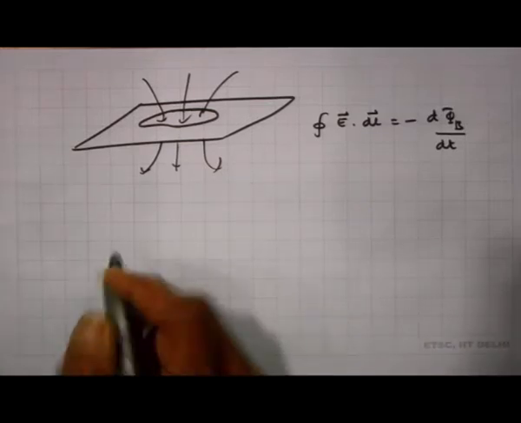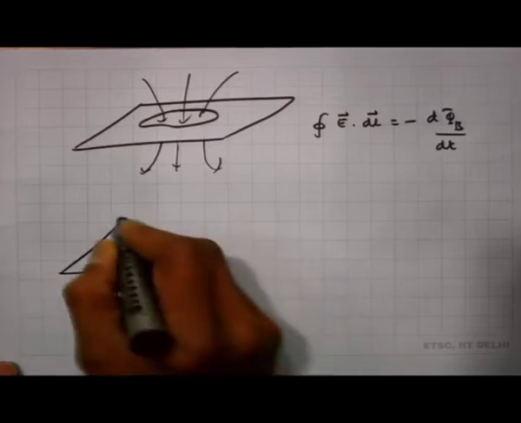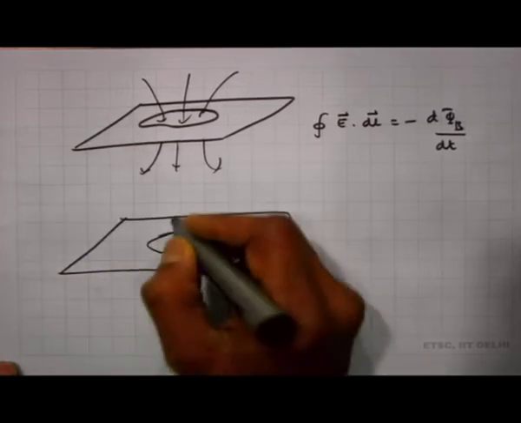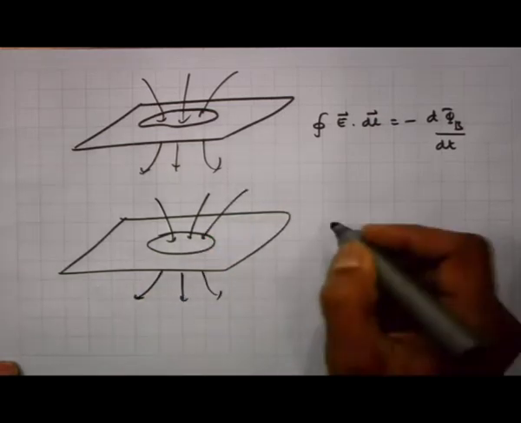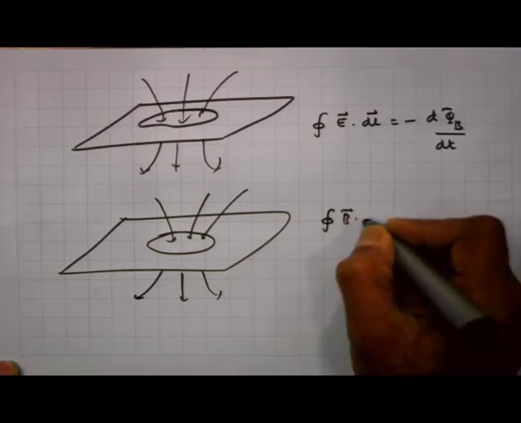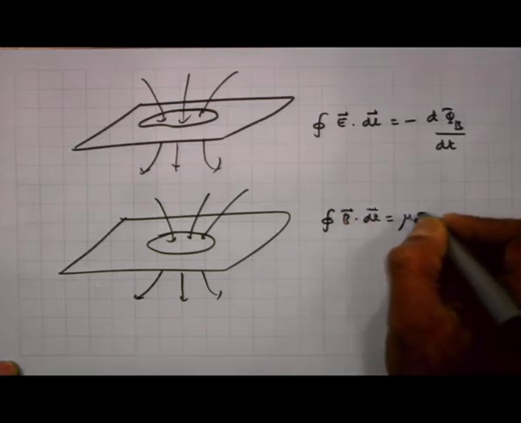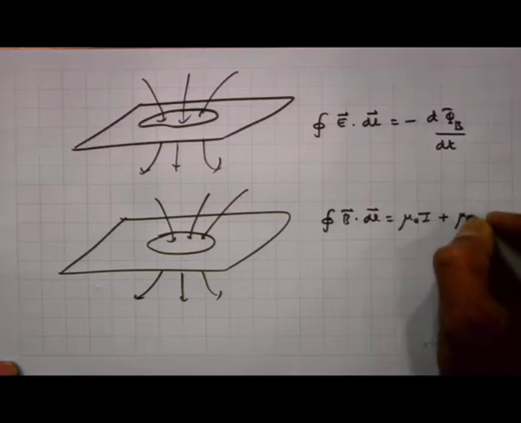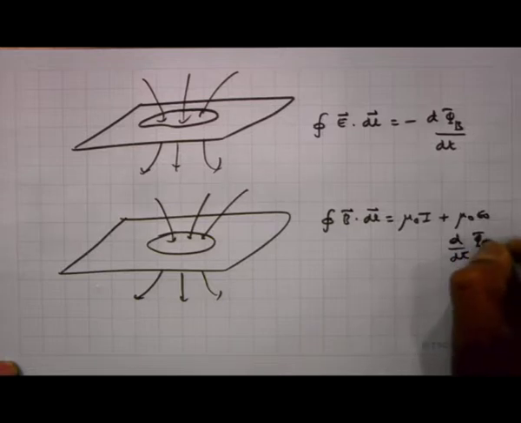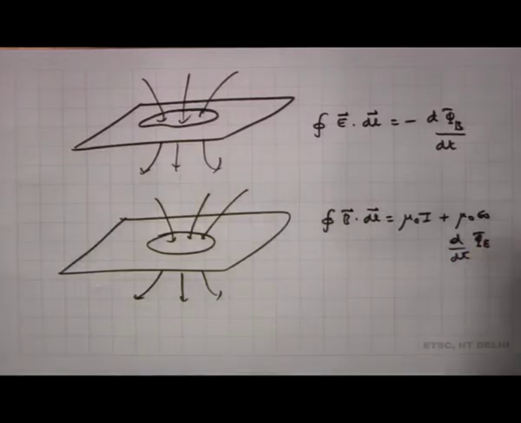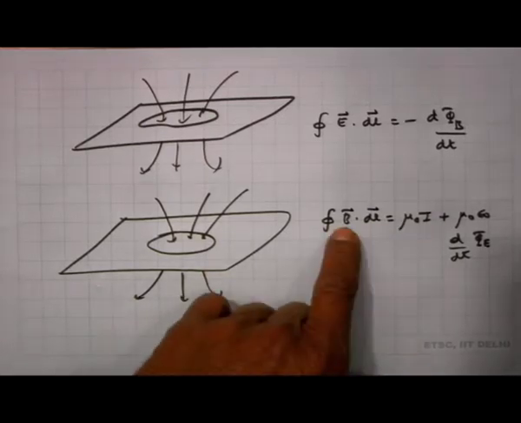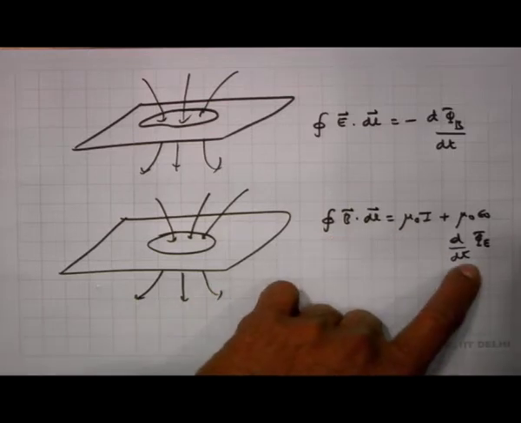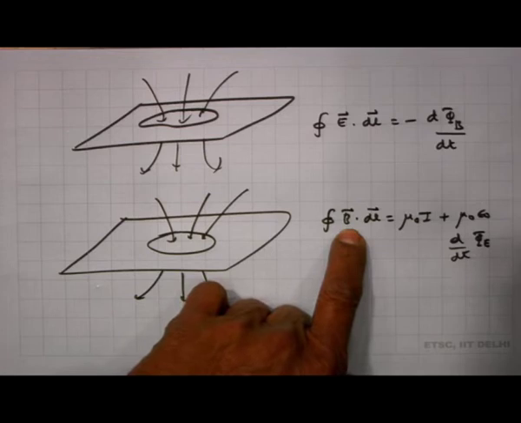And finally, we had the fourth equation. If I draw another figure here, with electric field lines crossing this surface, integral B dot dL is equal to mu 0 I plus mu 0 epsilon 0 d by dt of phi E. So magnetic fields get induced either by currents, that is, currents can generate magnetic fields, or a changing electric flux can also generate magnetic fields.